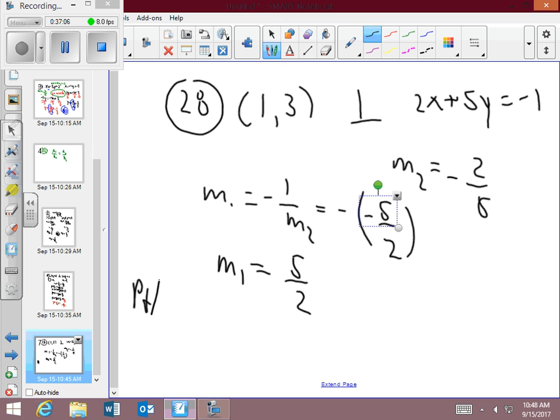Okay. Now, give it to me. y minus y1 equals m times x minus x1. Everyone agree? And then you'll put that in for x1, y1, and you'll put this in for slope.